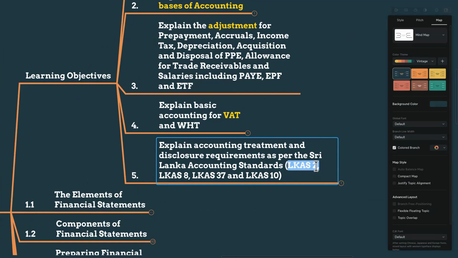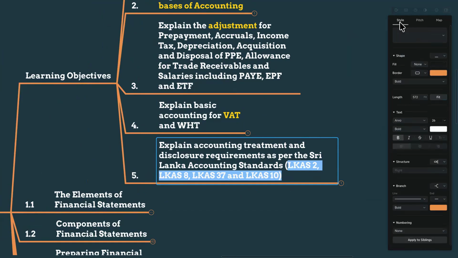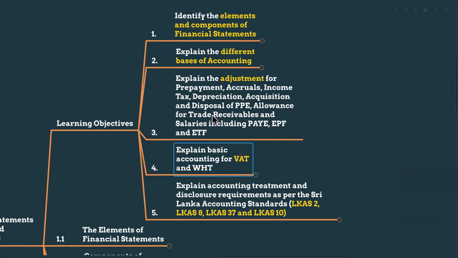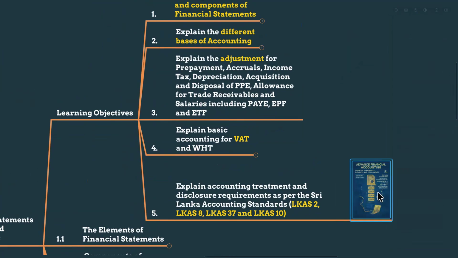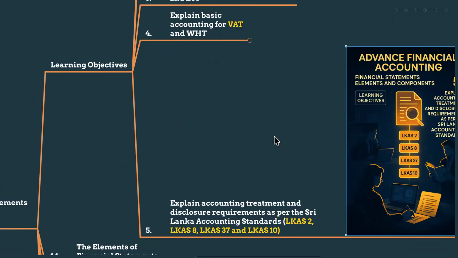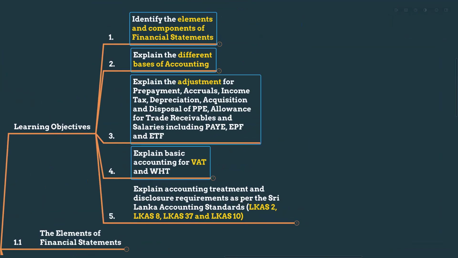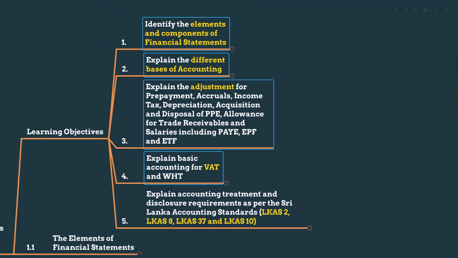My dears, for your chapters, we will study LKAS 2, LKAS 8, LKAS 37 and LKAS 10. These are the accounting standards we will explore very shortly. In today's session, I will try to cover these four learning objectives: the components, different bases, and introduction of adjustments.